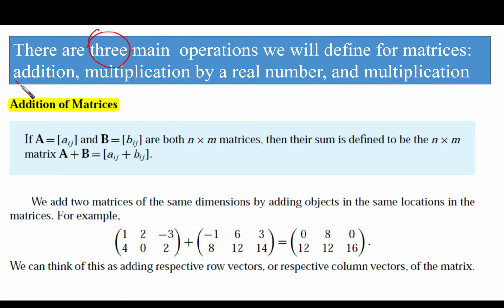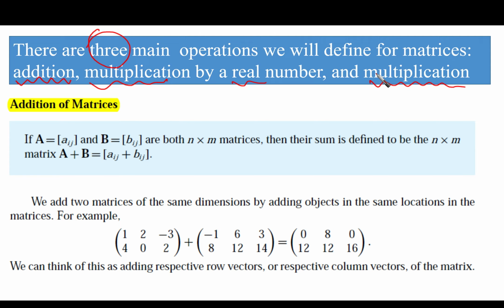We're going to talk about addition, how to add two matrices together. Multiplication by a real number: if we have a matrix and we multiply it by a real number, how do we do so. And multiplication, which means multiplying two matrices together.